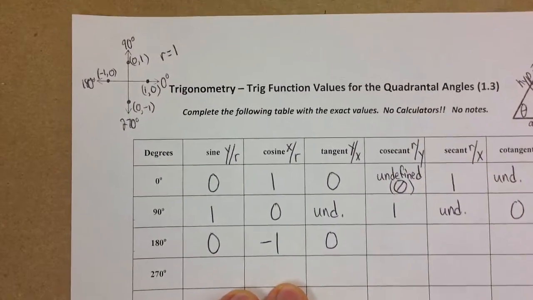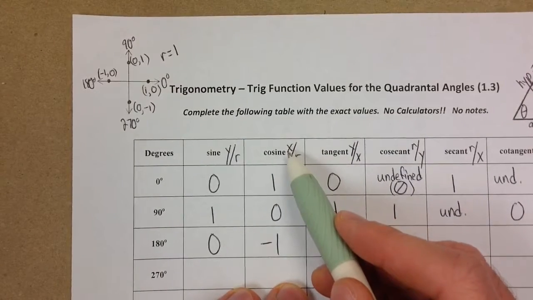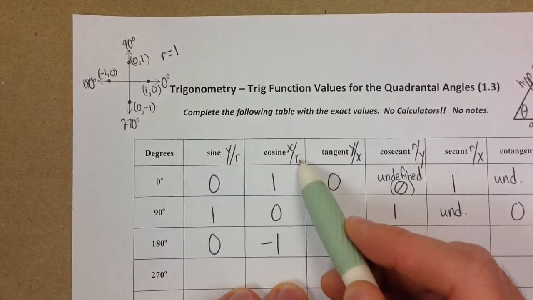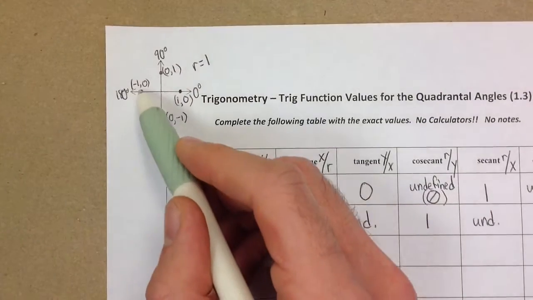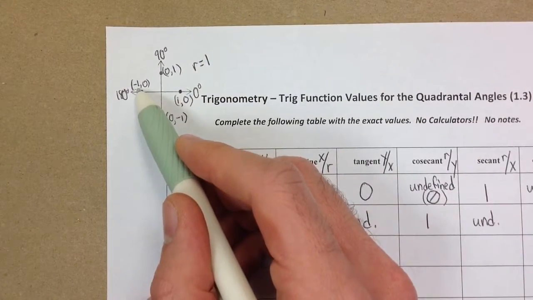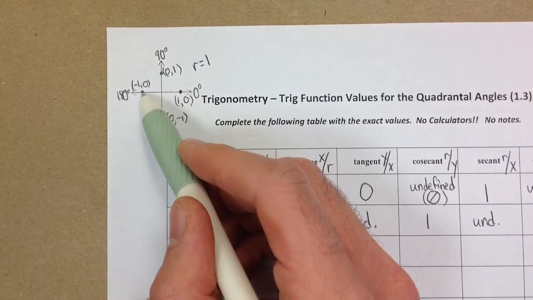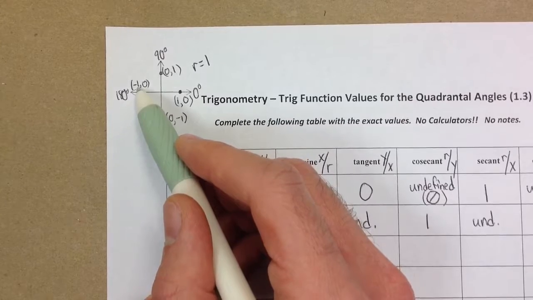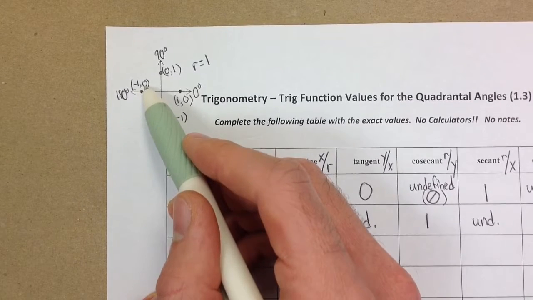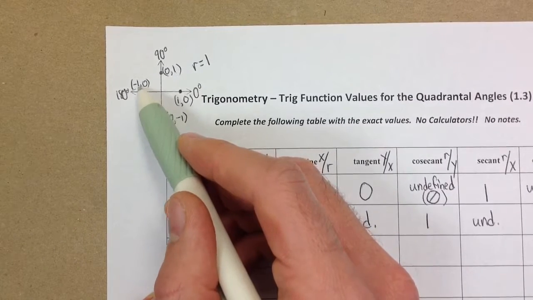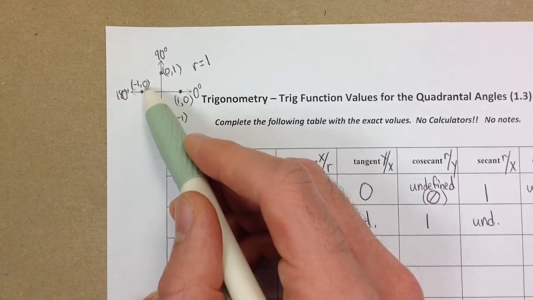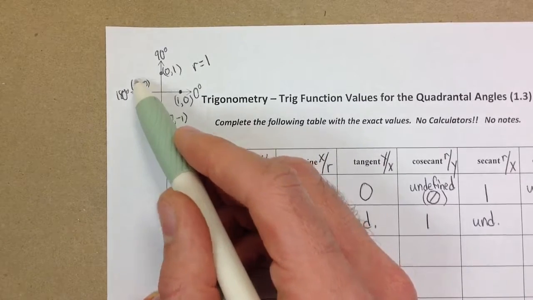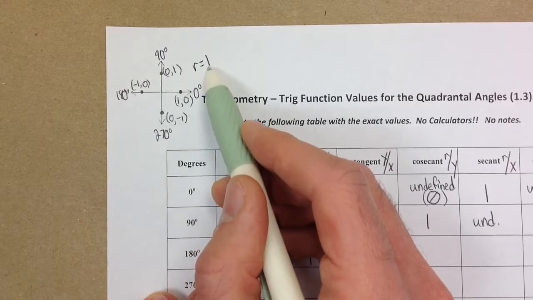Why is it negative? I'll try again. You need to know the definition of cosine. It's x over r. You go to 180 and find the coordinates of a point on the terminal side for 180 degrees. I think the simplest ones to use are -1 and 0. -1 is the x, 0 is the y. If those are your choices, then r is going to be 1.